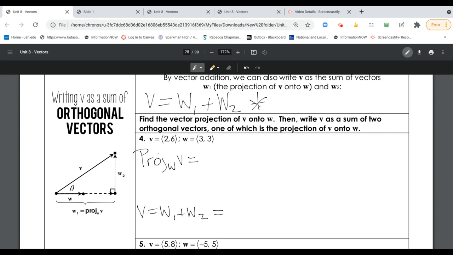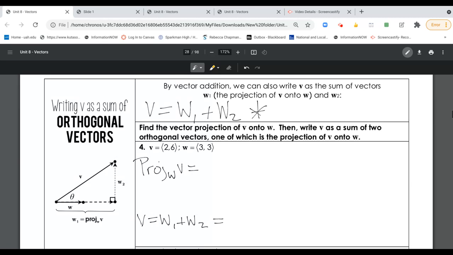All right, so in this video, we are going to take our vector projections one step further. What we're going to do is write vector v as the sum of orthogonal vectors. Now, if you remember, orthogonal vectors means two vectors that are perpendicular.